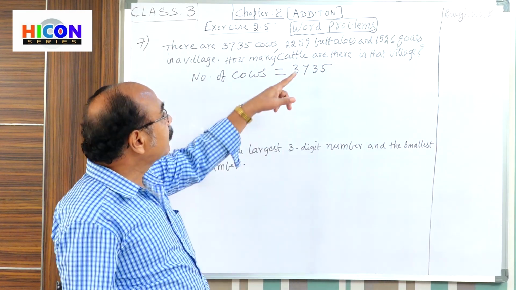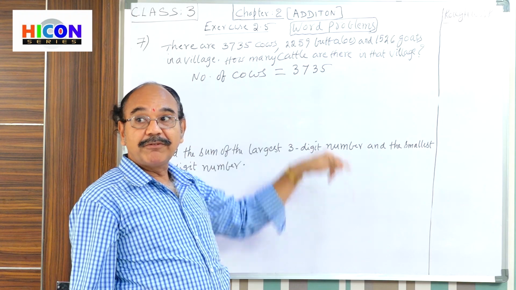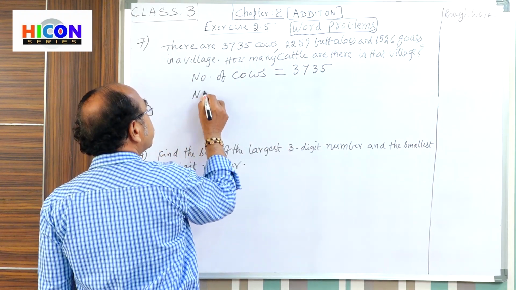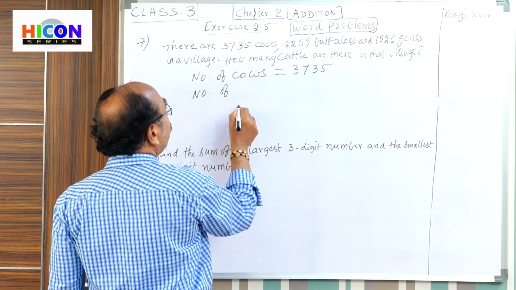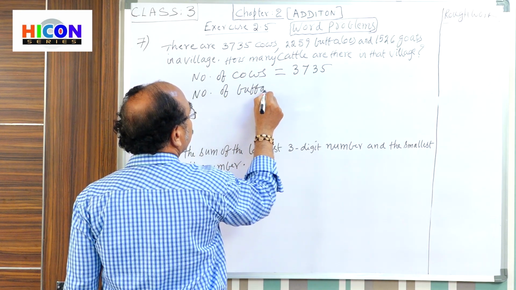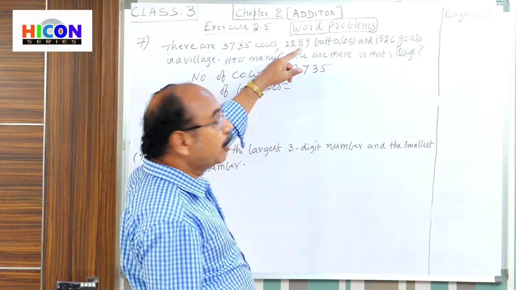Now, how many buffaloes are there in the village? 2,259. So, number of buffaloes is 2,259.